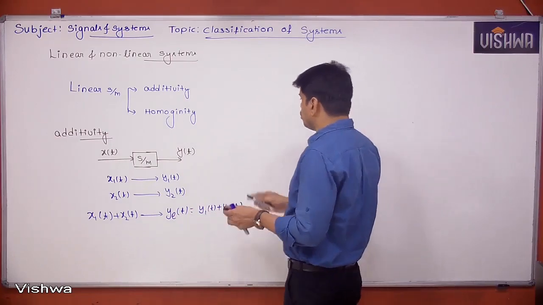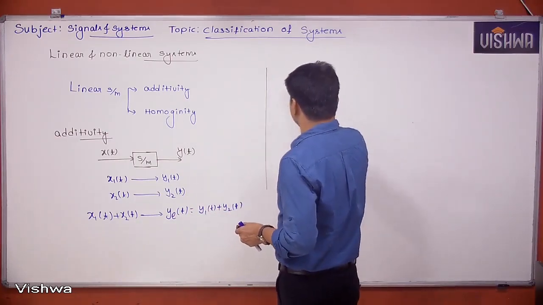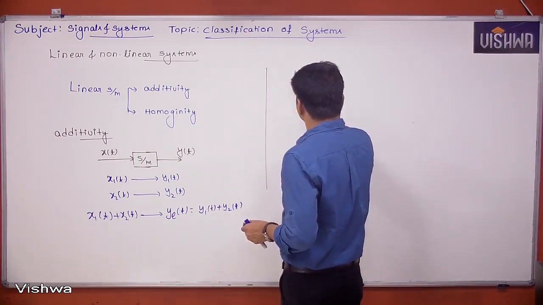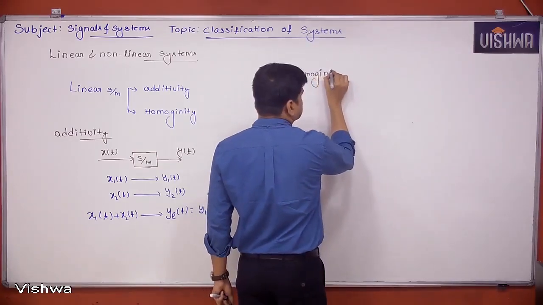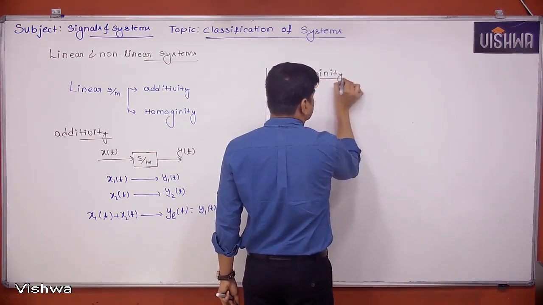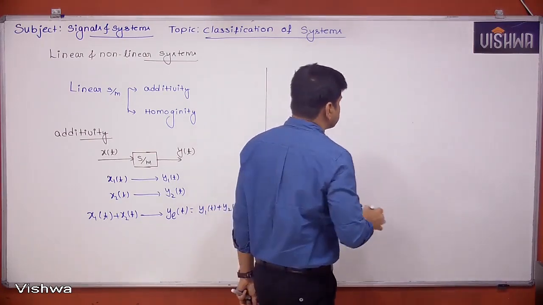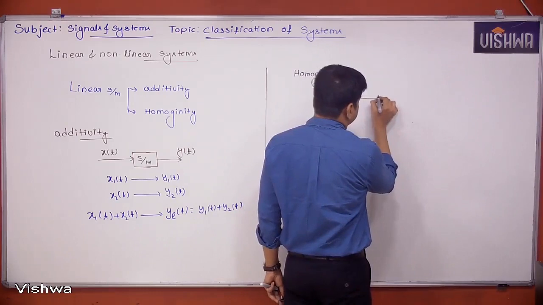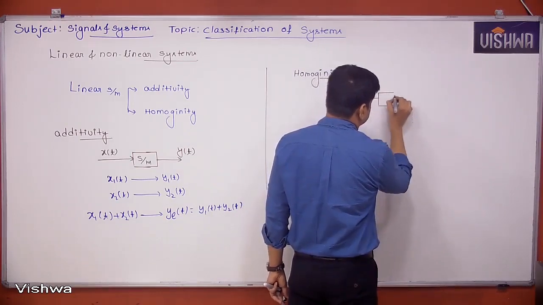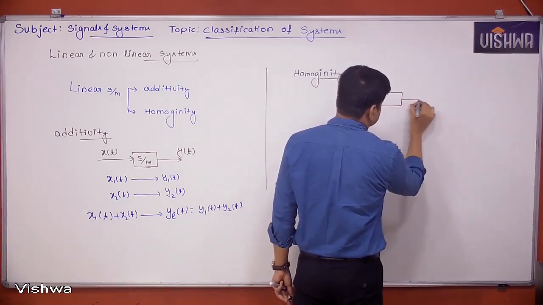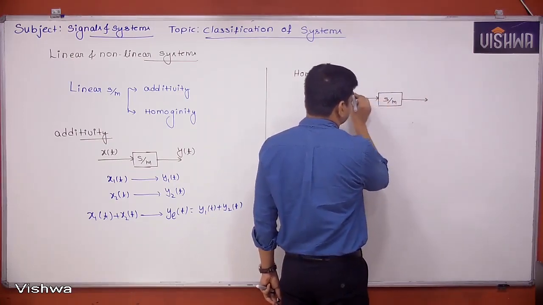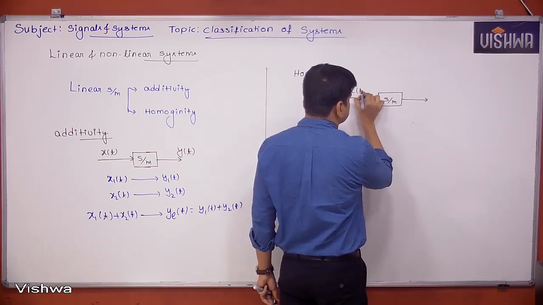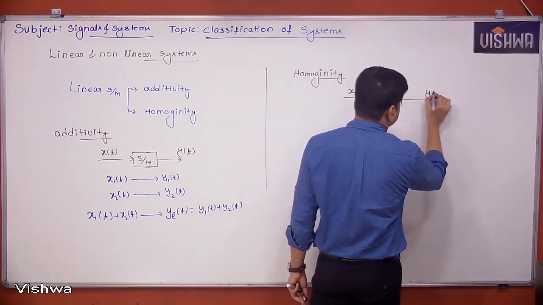Next, homogeneity principle. How can we say homogeneity principle? Homogeneity means, suppose I take a system, if input is x of t, output is y of t.